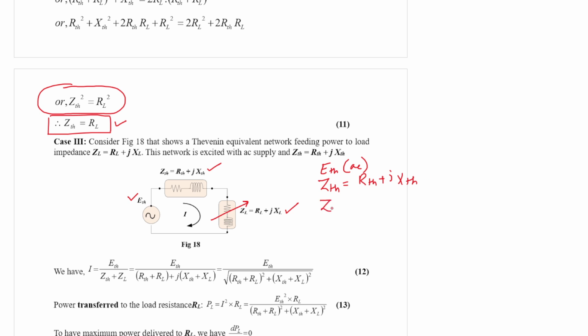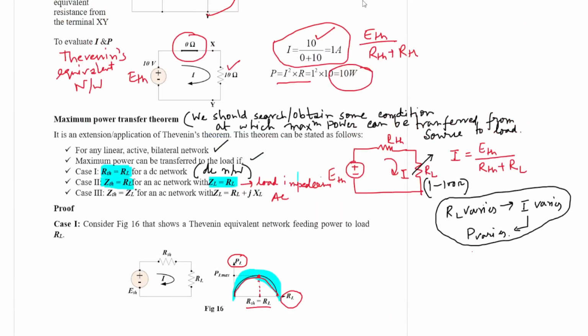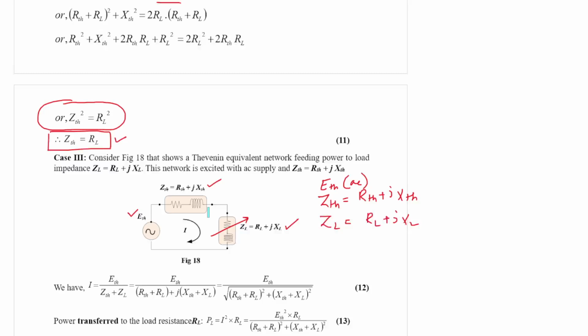And now in this case, what is ZL? We have RL plus jXL. Now going back to the statement: when ZTH becomes ZL conjugate, under that condition we have maximum power transferred from the source to the load.